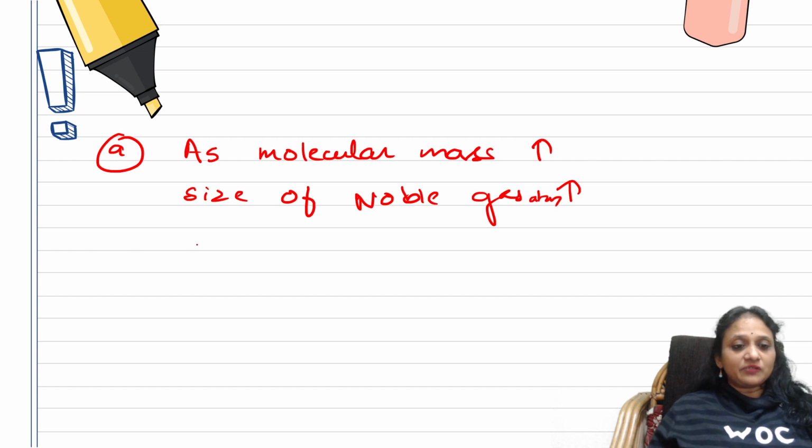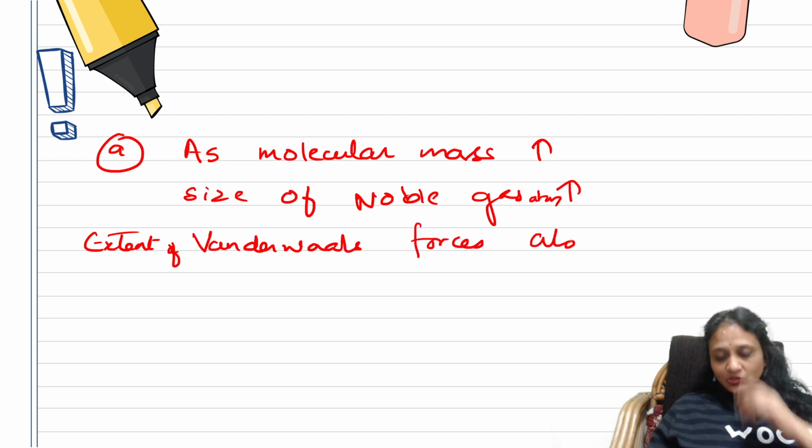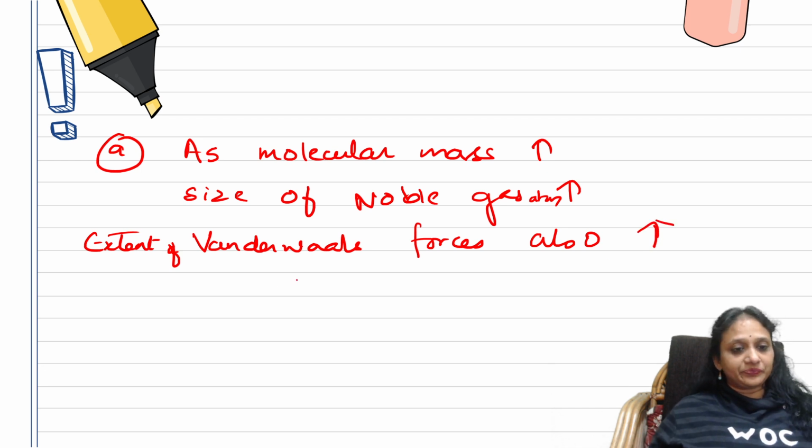Now, what will happen to the van der Waals forces of attraction? The force of attraction between them also increases, because more and more molecules are added. So van der Waals forces of attraction also increase among molecules.